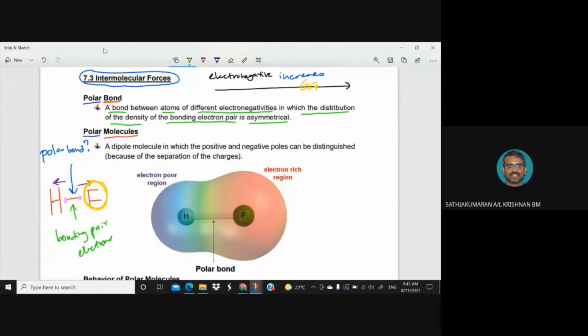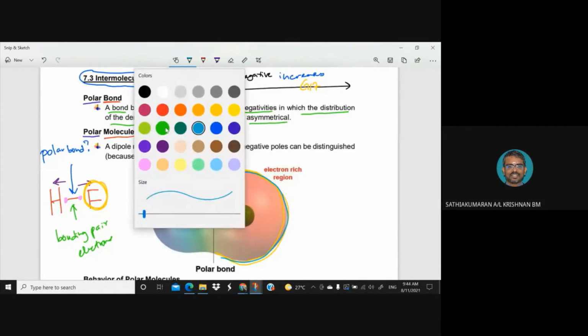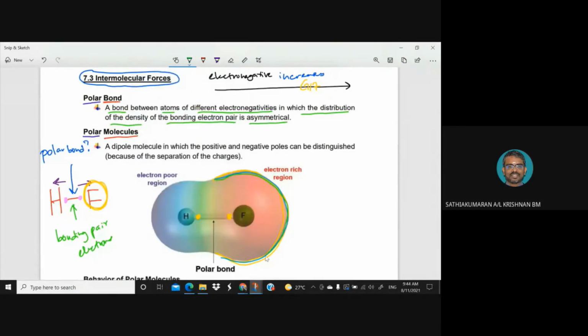So fluorine has a higher tendency to attract this bonding pair of electrons towards itself. That's why you can see here, this electron density is already attracted to fluorine. You see the size of the electron cloud, larger, quite large. Compare that to the electron density on the hydrogen side.